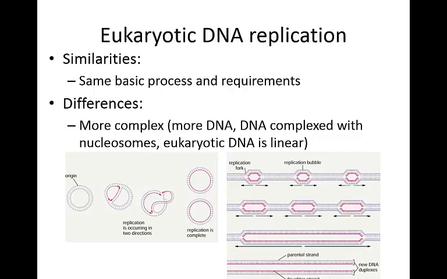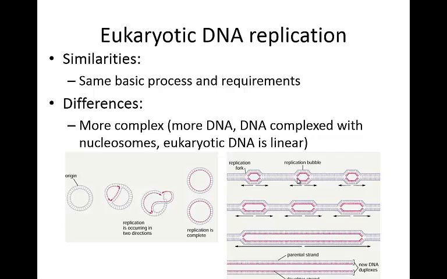And so what we will see, if you look on the left here, you can see the typical bacterial or prokaryotic replication. Again, it starts with the origin of replication, it's bidirectional, and after it reaches the termination region, the replication is complete. In eukaryotic DNA replication, we have many, many different replication forks or bubbles that happen at the same time.